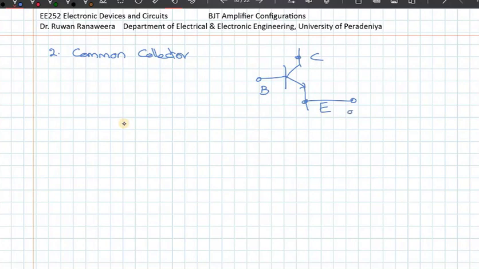So this is my output, this is my input. With respect to the collector, this is my input, this is my output, so the common terminal is the collector, right?